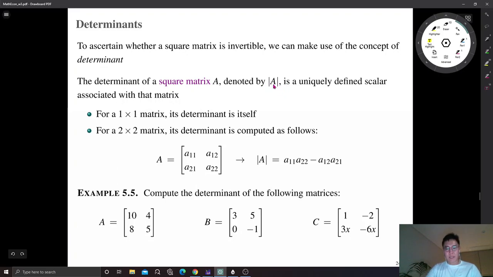So that stands for the determinant of a matrix A, and the determinant is a uniquely defined scalar associated with that matrix.